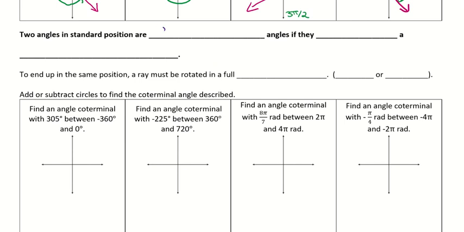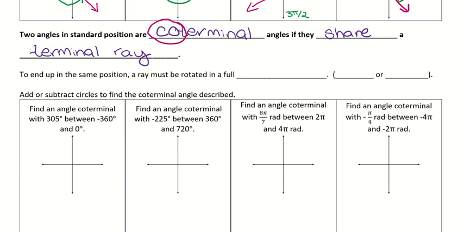Two angles in standard position are considered coterminal if they share a terminal ray. Think about the word co or the prefix co. Like a co-captain, you share being a captain. It means with.